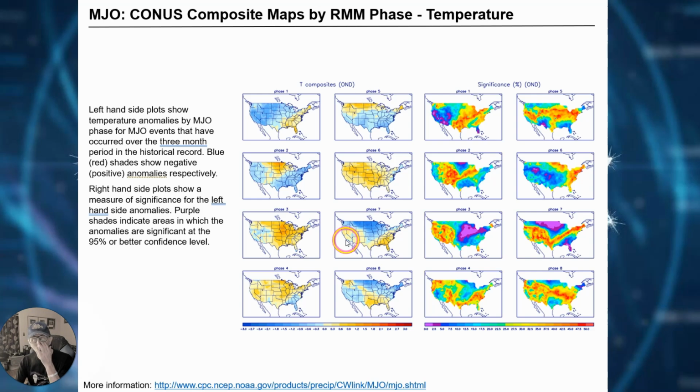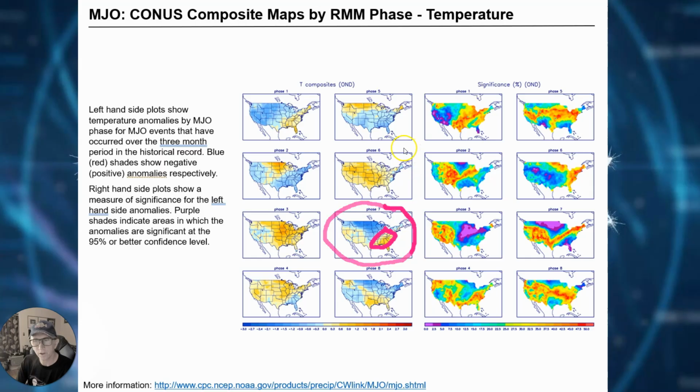So we have that cool push of Arctic air. In addition to the MJO phase, let's just say they hit at the same time. They reinforce each other, right? So you see what I'm talking about here? The cooler temps and warmer temps in the southeast.